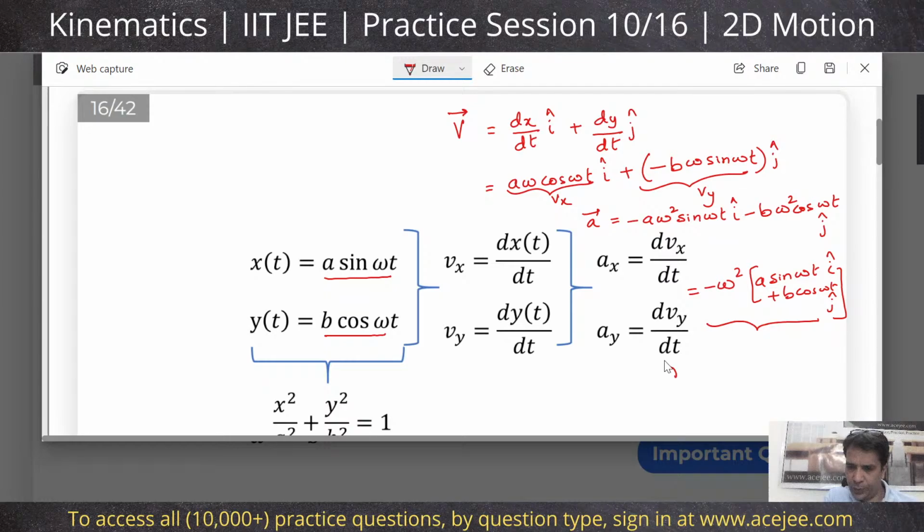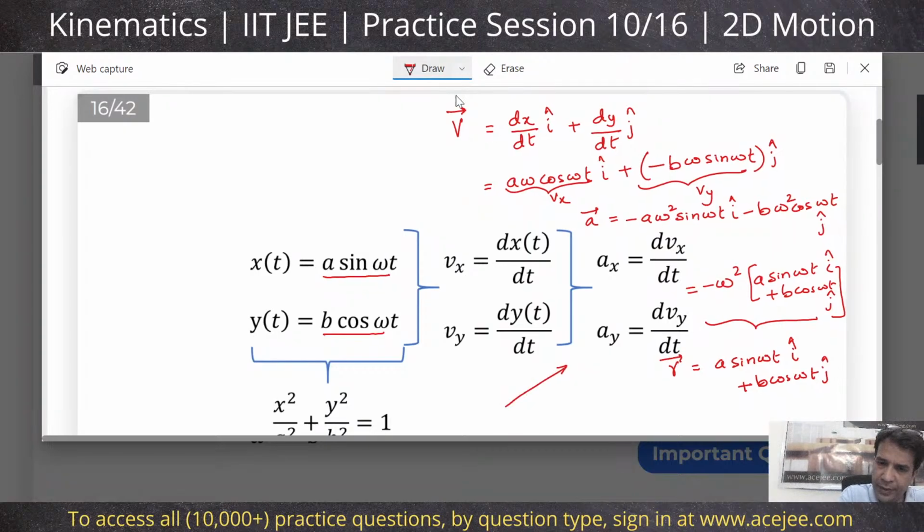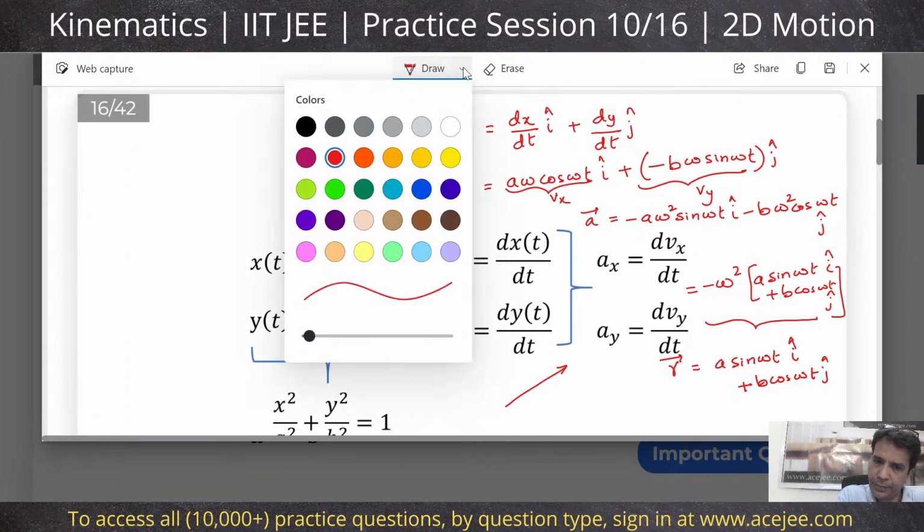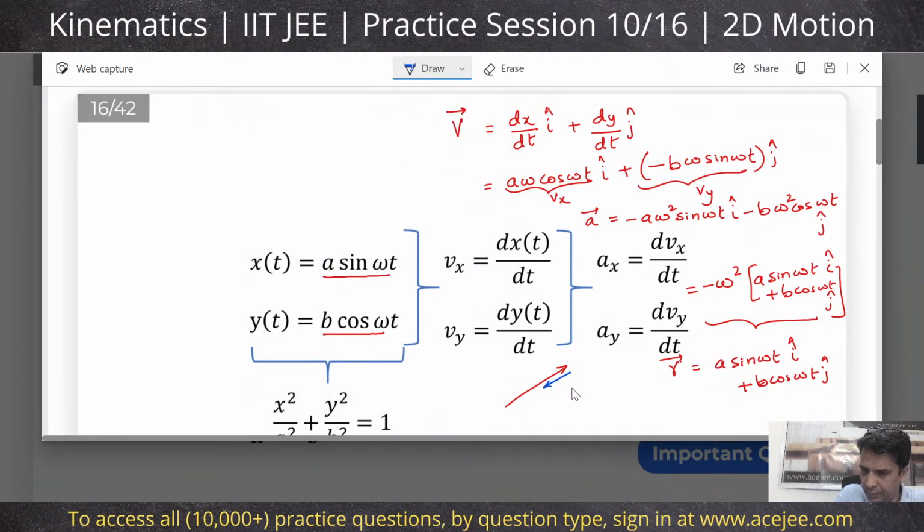Can you compare this with the position vector? So it's minus omega square into position vector. Correct. So if the position vector is this, then the acceleration vector is in the opposite direction.